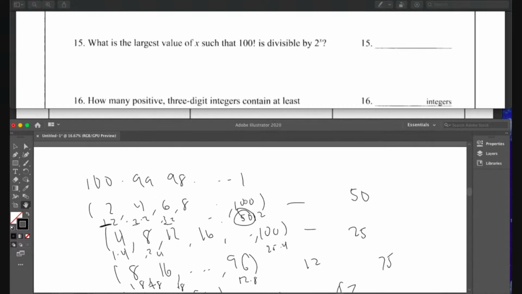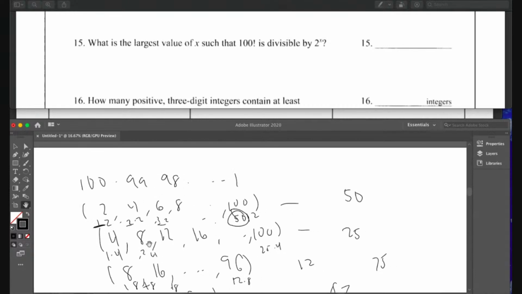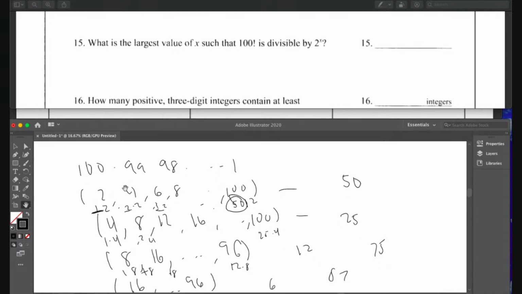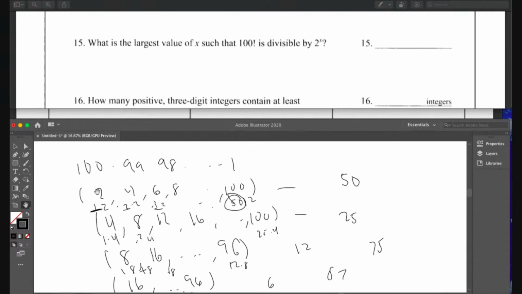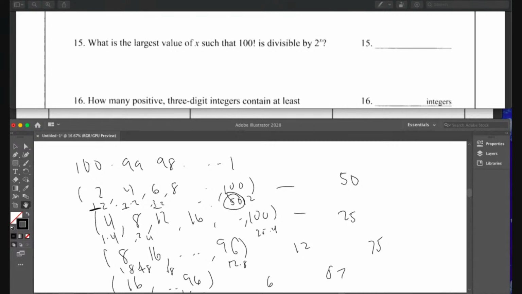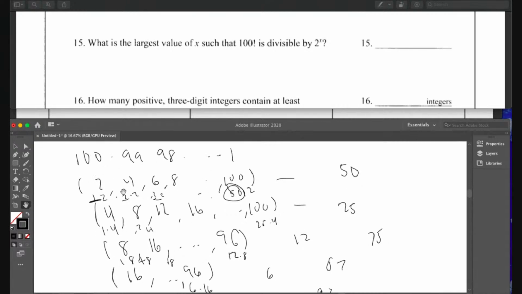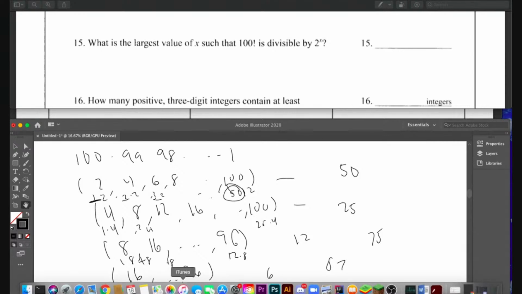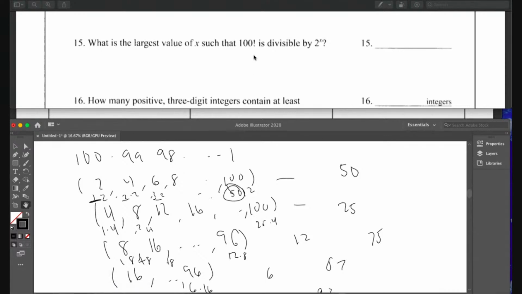Basically, what you do is you list the powers of the factor that you're looking at, and you add up the number of numbers in each of these groups. Okay, anything you want to say for that one, Bill?